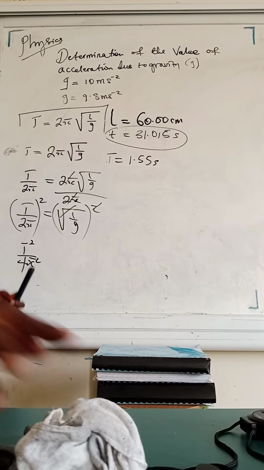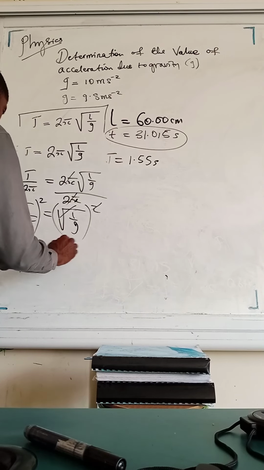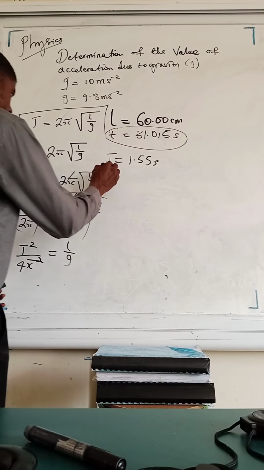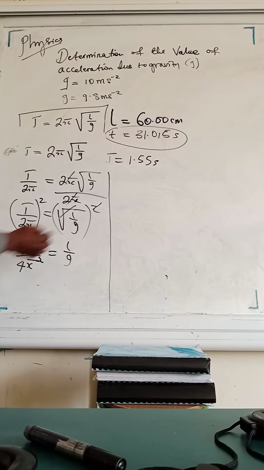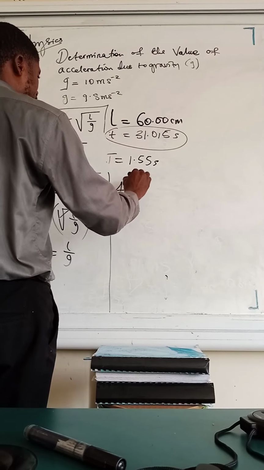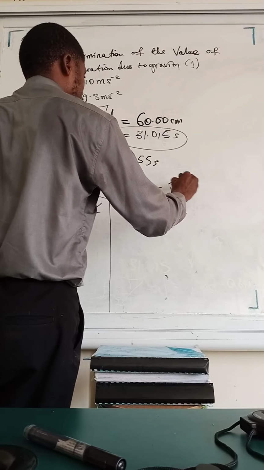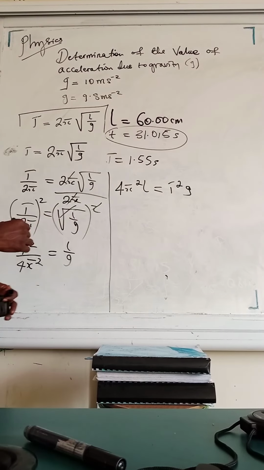So T square divided by 4 pi square is equal to L all over G. If you cross multiply, you have 4 pi square L is equal to T square G.